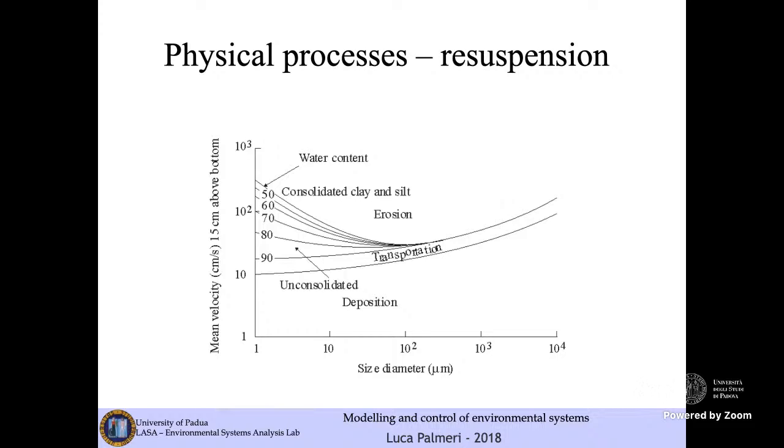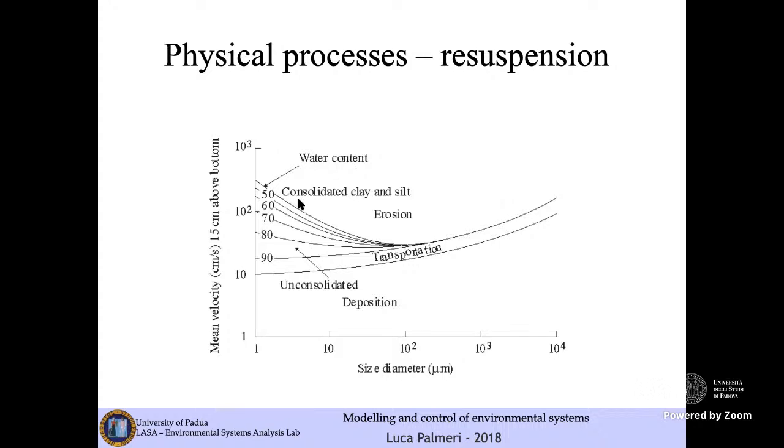In particular, there is another interesting abacus that is very appreciated by environmental engineers that links the mean velocity at 15 centimeters above the bottom to the size, diameter, and so to the characteristics of the sediments in terms of size, that is the granulometry, but also in terms of consolidation, so in terms of water content.